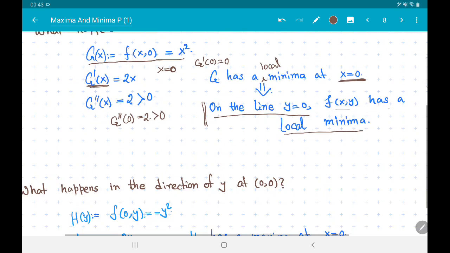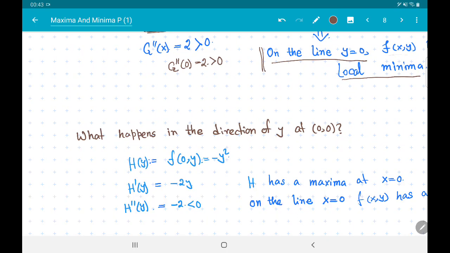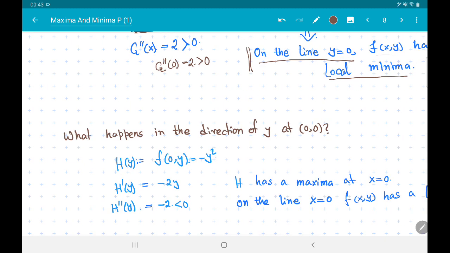Now let us try to understand what happens in the direction of y. Again, I define h(y) to be equal to f(0, y), and this function turns out to be equal to minus y square. What is h prime y? It is minus 2y. We can see that h prime of 0 is equal to 0. Of course this is bound to happen because we know that fy at (0, 0) is equal to 0. What is h double prime y? The double derivative of h with respect to y is minus 2, and this is constant.